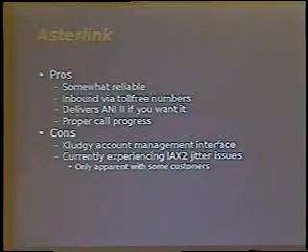You can see whether your calls are coming in from a prison, too. And Asterlink does also proper call completion, so if you get the intercept recording, the number's been changed, you can actually hear that. The cons, the account management interface is a little kludgy.